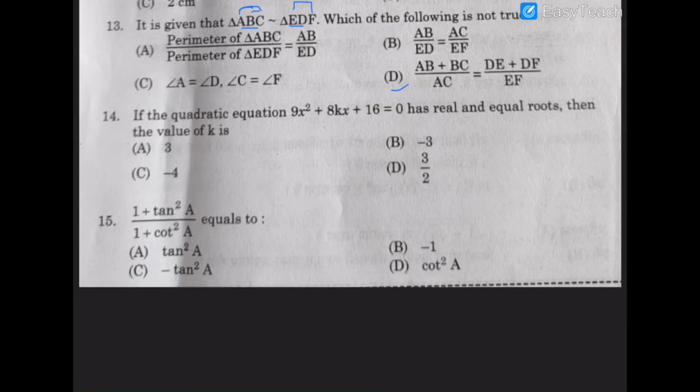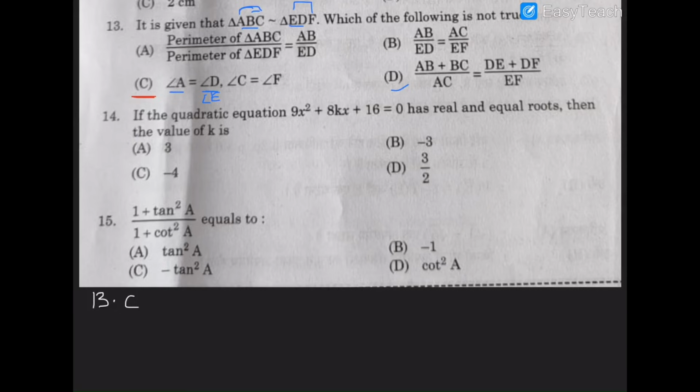But here you can see angle A is equal to angle D. No, angle A is equal to angle D is not correct. It is equal to angle E. So C option is not true. So the 13th answer is C.